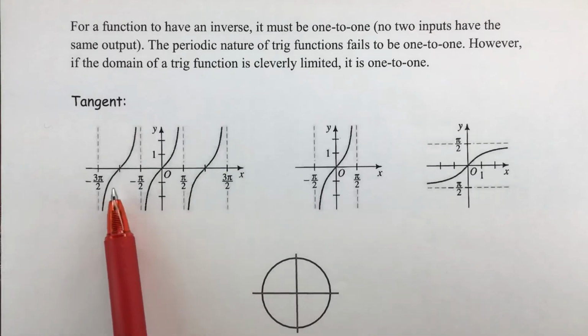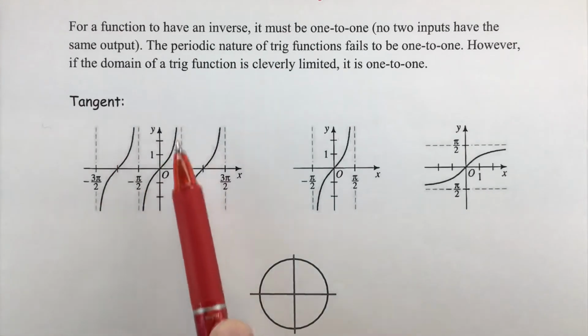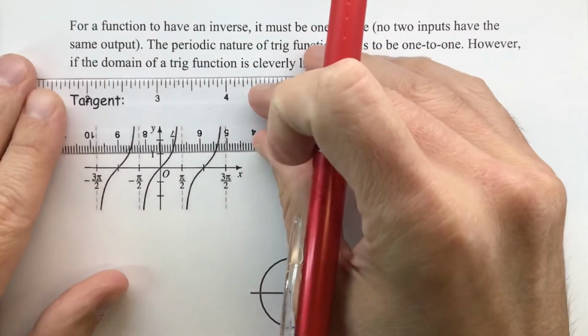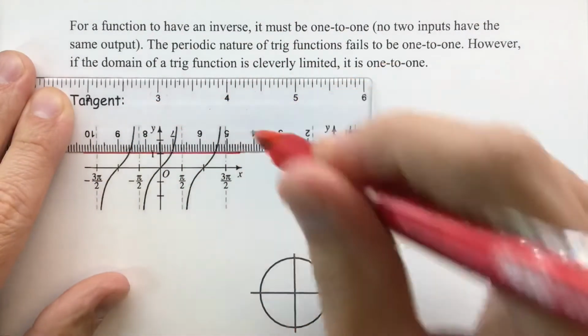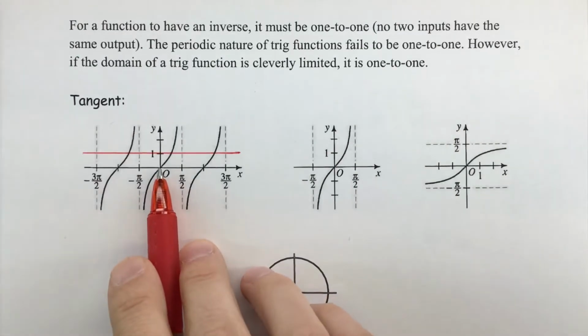Okay, let's take a look at it in the tangent function here. You've got this periodic function that keeps waving over and over again, right? And actually goes on forever. There's an infinite number of these little waves in there. All right, let's just consider the output of 1, which is up here. At that output of a 1, you have an infinite number of inputs that give you 1.